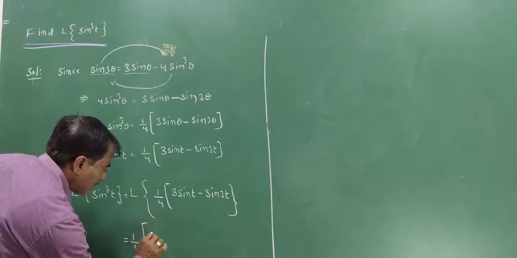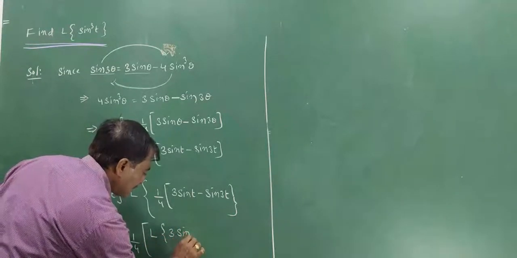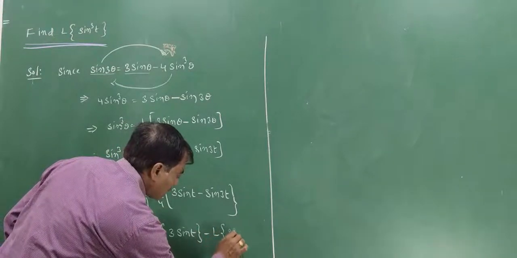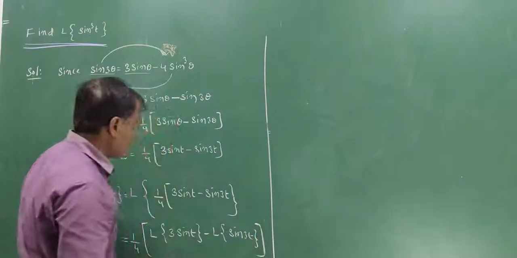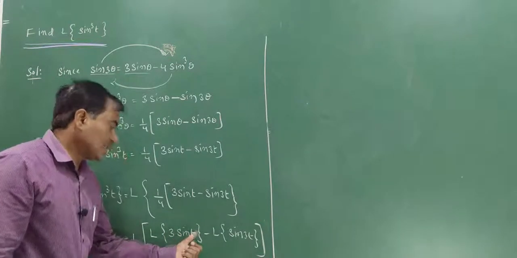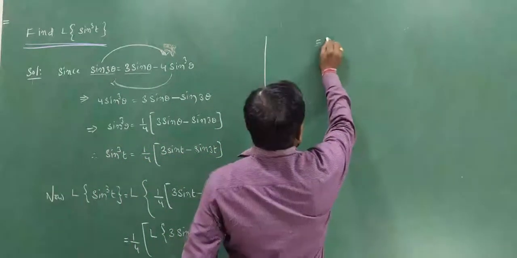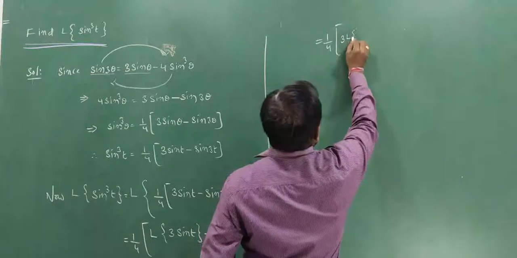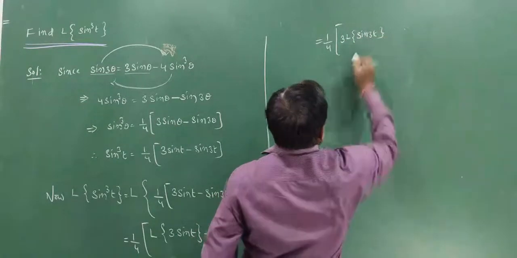So therefore we get the Laplace transform of 3 sin t minus the Laplace transform of sin 3t. We have to find out the Laplace transform of 3 sin t and the Laplace transform of sin 3t. This equals 1 by 4 of (3 into Laplace transform of sin t minus Laplace transform of sin 3t).